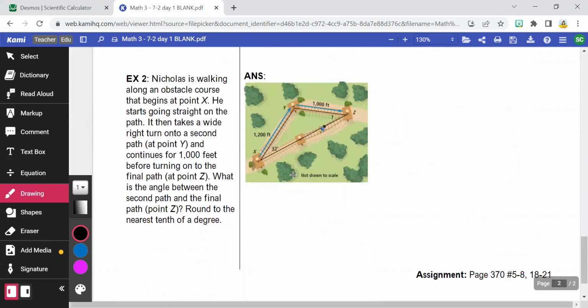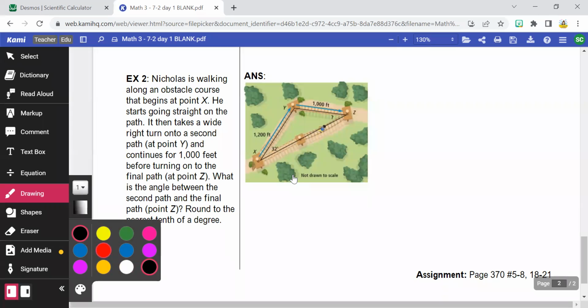Okay, so in example 2, they've given us the diagram of an obstacle course and labeled it with all the information. So let's just read through, annotate, and try to color code.